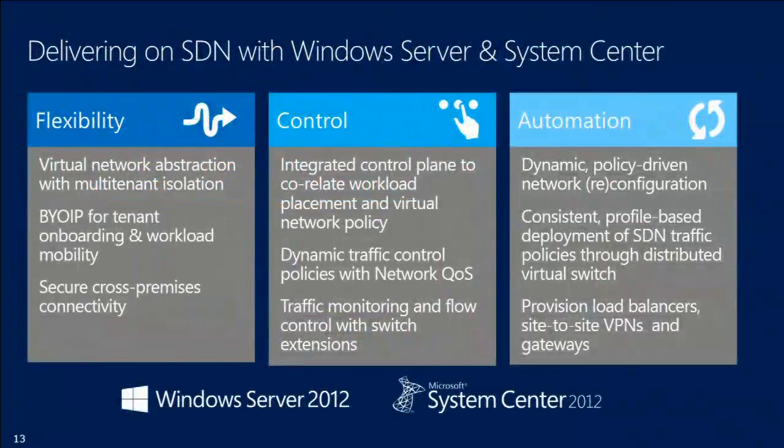So with that in mind, what have we done in terms of some of the solutions we have built? Flexibility is extremely key. As we run the Azure data centers, one of the things that we found is, as Azure was enabling multiple tenants, they needed the flexibility to be able to configure their networks. So we built abstractions between the physical and virtual networks in our SDN stack, all the way up to Virtual Machine Manager.